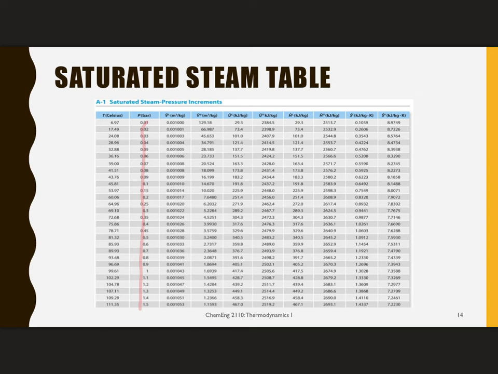And then reading across the top, we have the specific volume of the saturated liquid and the specific volume of the saturated vapor. We also have this for internal energy, enthalpy, and entropy. The L meaning saturated liquid and the V meaning saturated vapor.